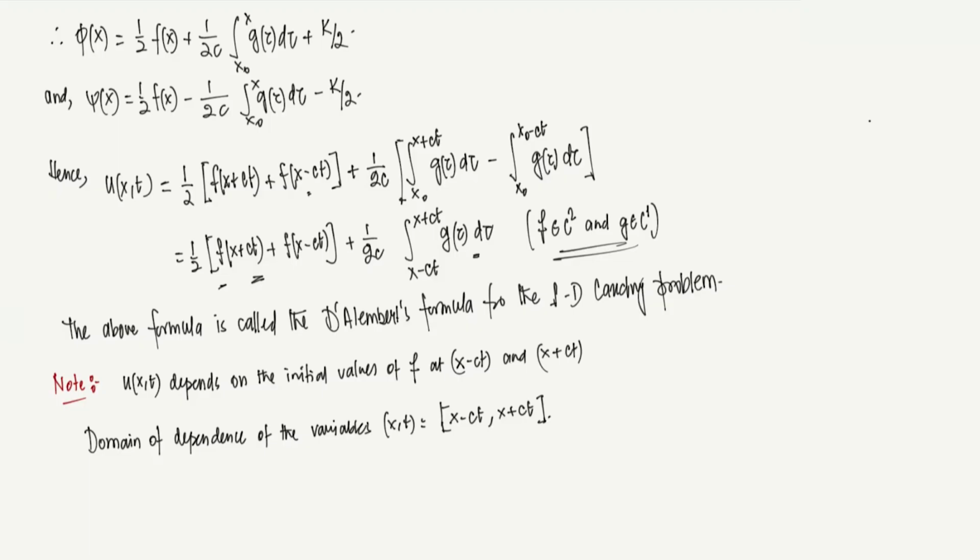Now we also need to know whether this solution depends continuously on the initial data or not. So we'll put this as a remark. This is the third part of well-posedness: the solution so obtained depends continuously on the initial data.